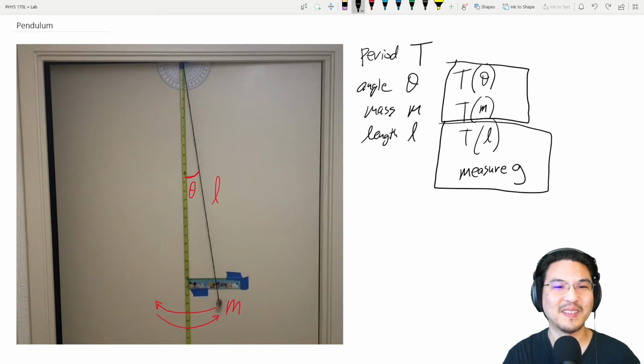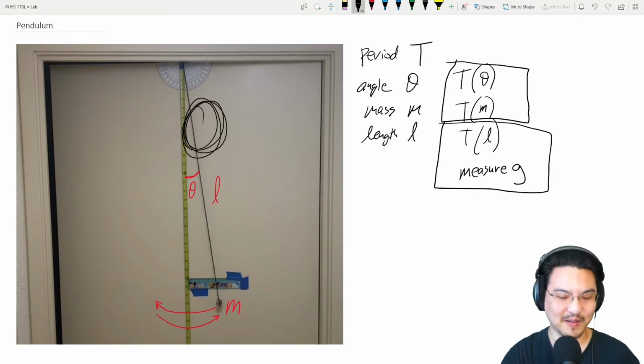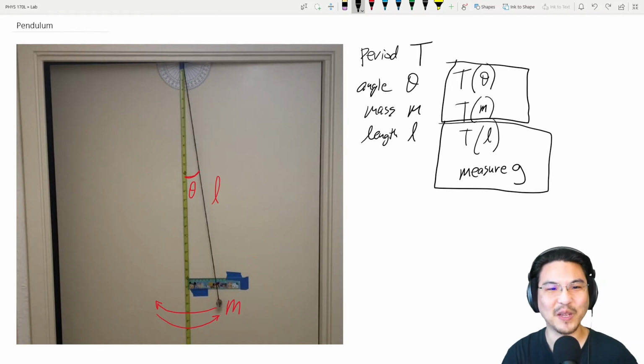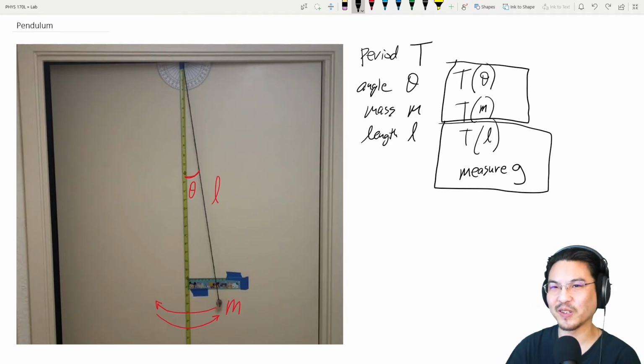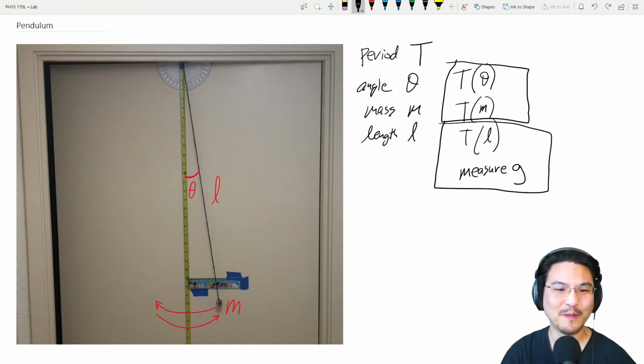But it's kind of hard to see on video, so I picked this black colored yarn against the white door, so the contrast is easier to see. But yarn stretches a little bit, so that's not good. And it's thicker and kind of fuzzy, so it introduces more air resistance. Also not good, but that was the trade-off for video recording decisions.